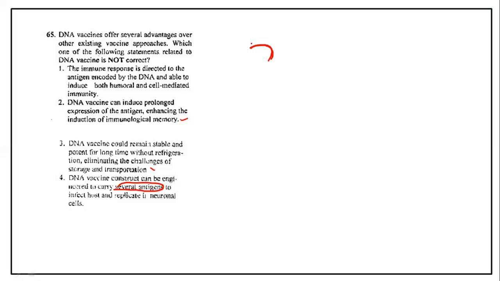Another is to infect the host and replicate in neuronal cells, which is not possible. So option 4 is the answer for not correct. Hope that will make it clear.